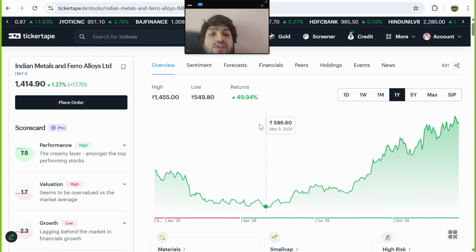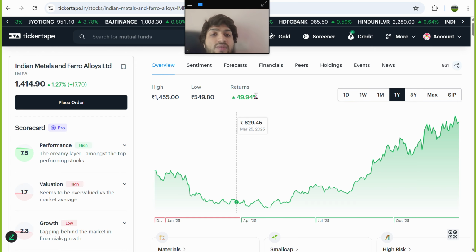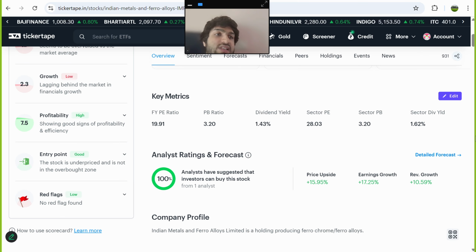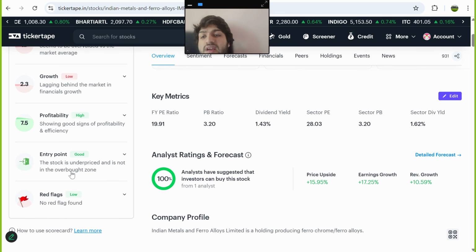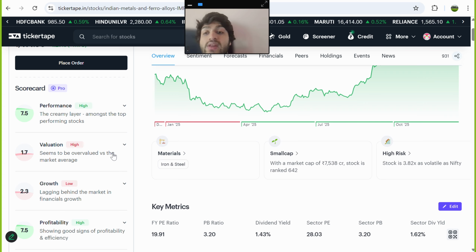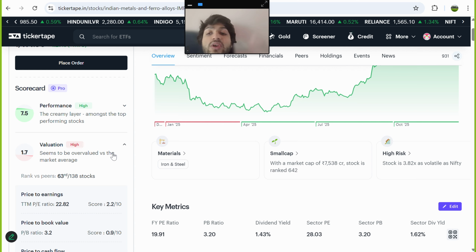This has caused the overall return to be 49.94%. But again, the stock is still underpriced and not in the overbought zone. So it is still a good stock to buy, but the valuation seems to be overvalued versus the market average.